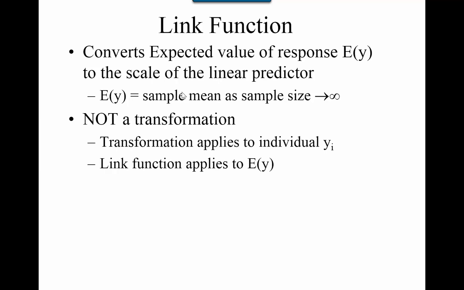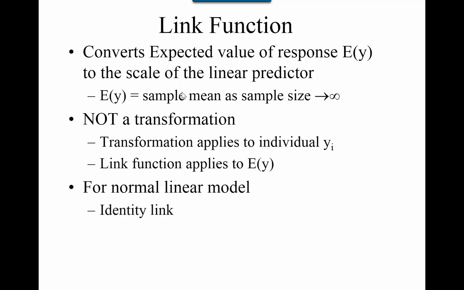It's tempting to think of these as a transformation, but it's not a transformation of the data. When you transform your data, you're taking the individual observations of your response y and then doing something to them, taking the logarithm in the case of the bleaching example. The link function doesn't apply to the individual observations, it applies to the expected value of our observations.